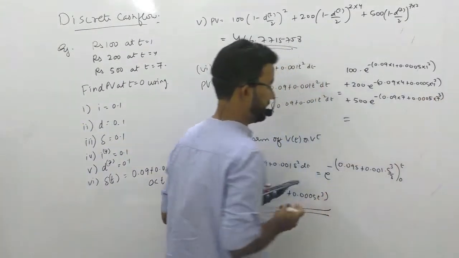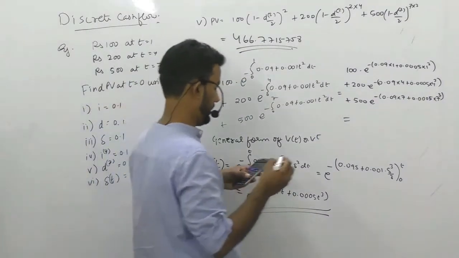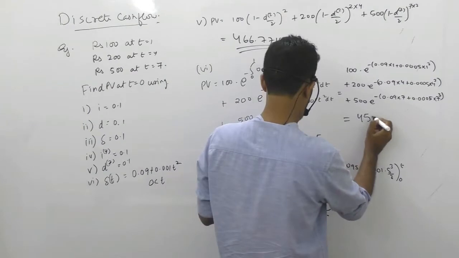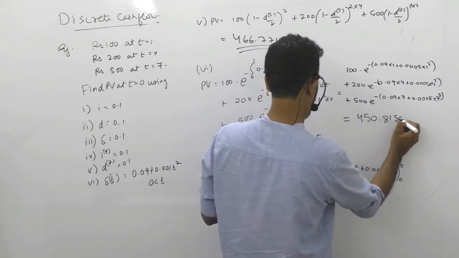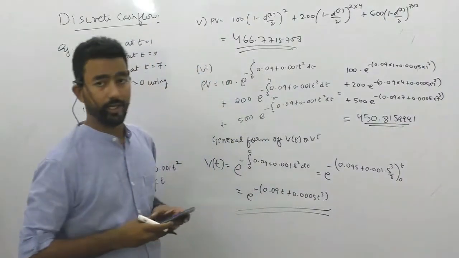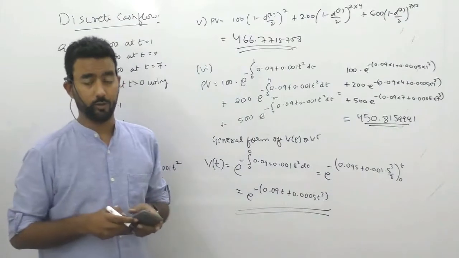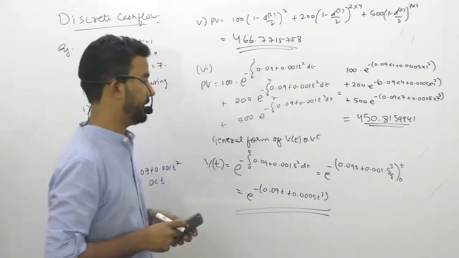I'm sorry for that. So the answer that we're getting is 450.815991. I hope that you also get the same answer, and in case there is a difference, just let me know so I'll cross check. This is the answer that I got in the first try, and I hope that is correct.